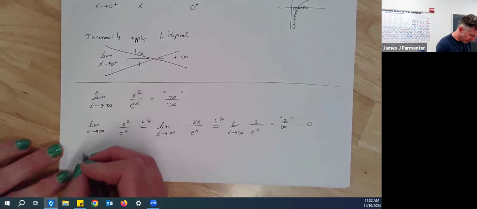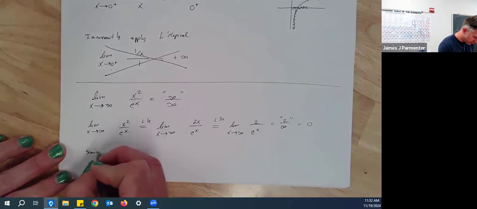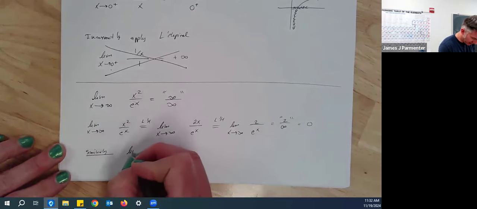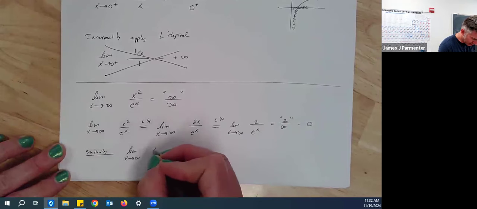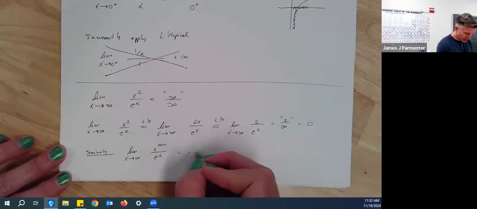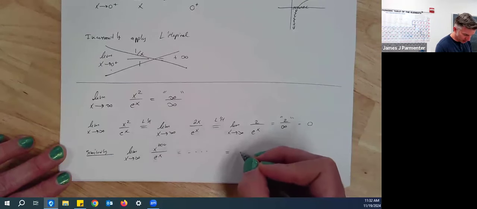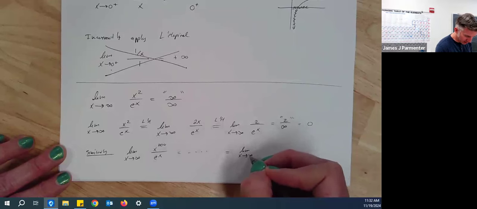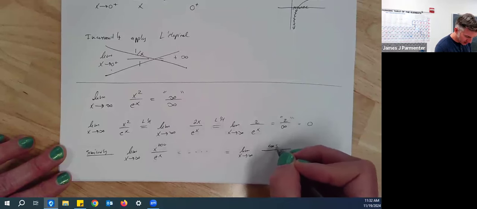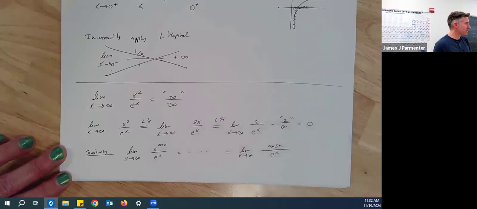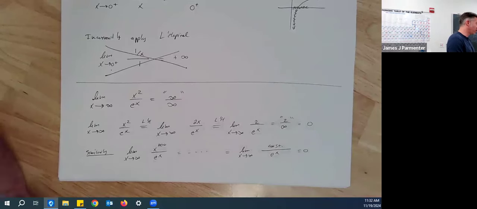So you could say similarly that if you're taking the limit as x goes to infinity of x to the 200th power over e to the x, with enough applications, you would eventually get to the limit as x goes to infinity of some constant still divided by e to the x, which would then be 0. The constant would be 200 factorial, in case you're curious. It'd be 200 times 199 times 198 times 197, all the way down to 2 times 1.